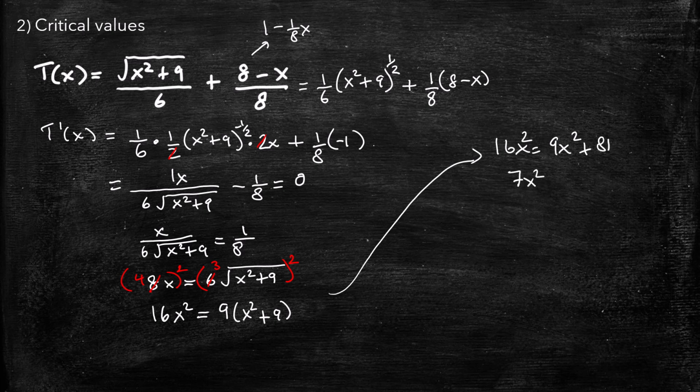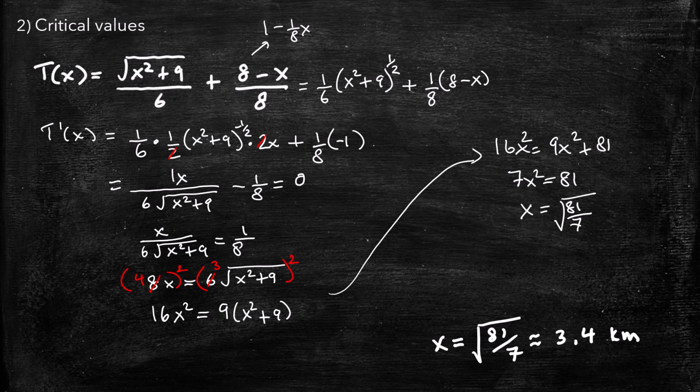So 7x squared equals 81, or x equals the square root of 81 over 7. And we can turn that into a decimal just for simplicity. So it appears that 3.4 kilometers down the river from A will give us the minimum time.